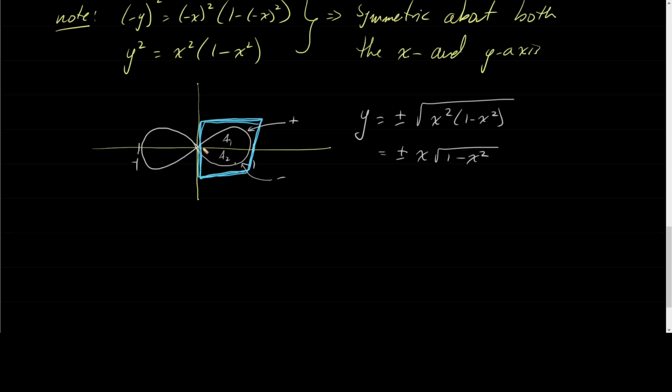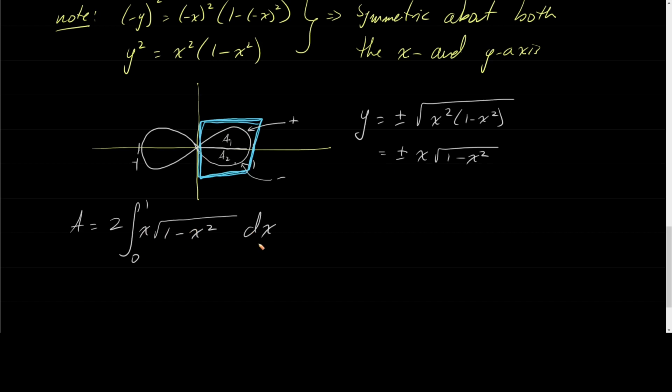So I could just figure out area 1 and multiply it by 2, right? So that's what we're going to do. The area is going to be twice the integral from 0 to 1 of just the top piece, x times the square root of 1 minus x squared dx.